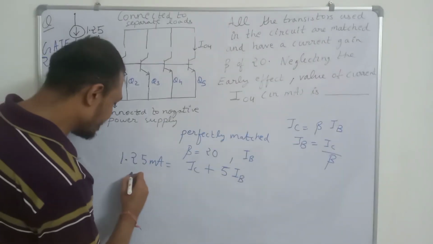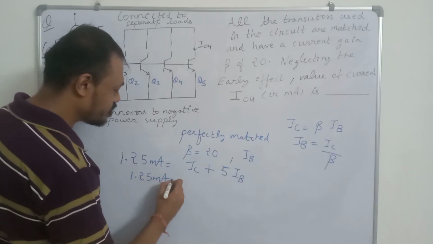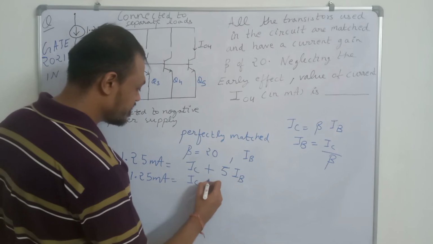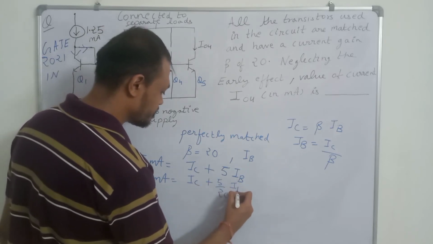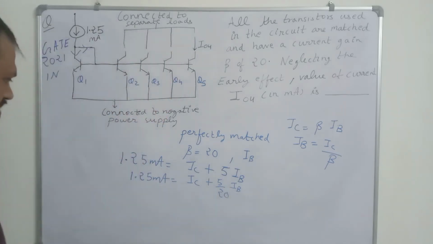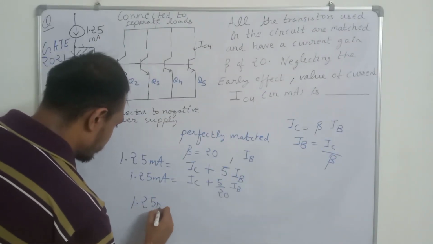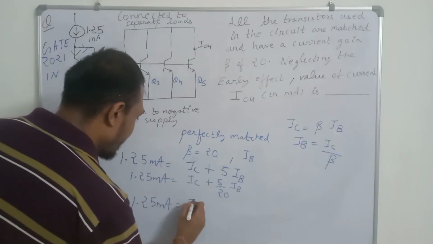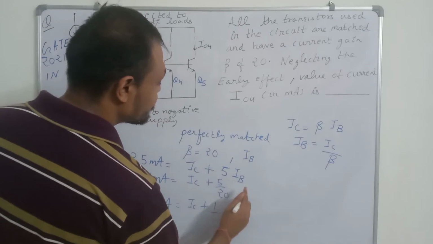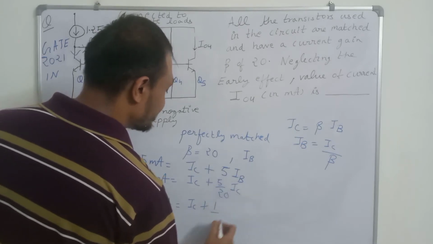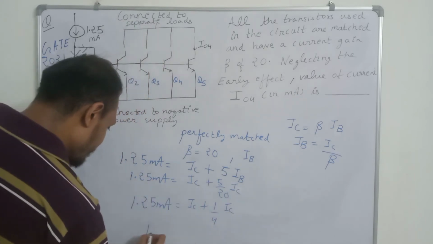So 1.25 milliampere will be equal to IC plus 5 upon 20 IC. So IC plus 1 upon 4 IC, which is nothing but 1.25 IC.